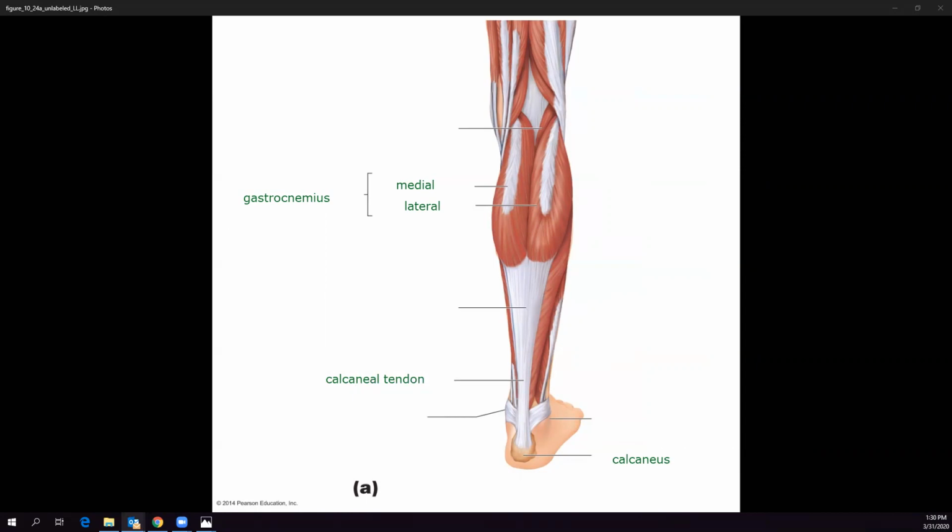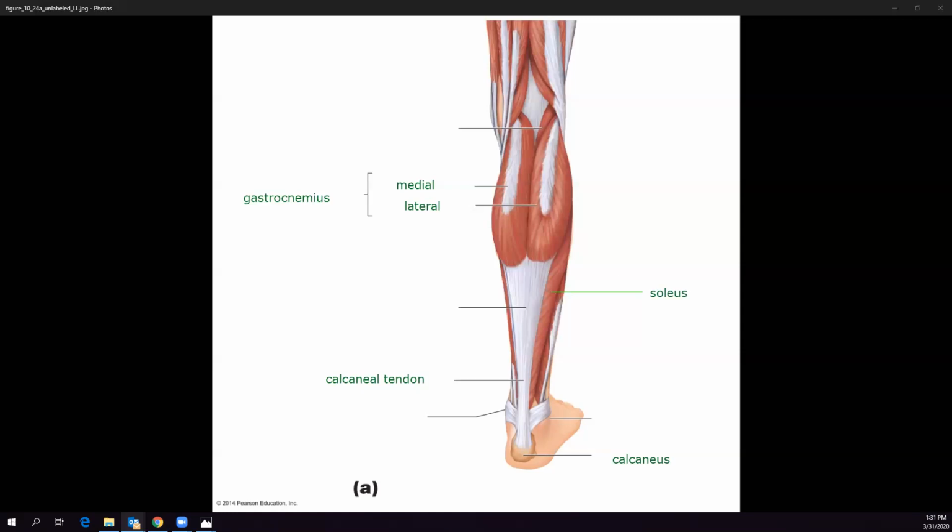They didn't put a leader line, so I'm going to put in a leader line. This one right here, that's also connected to the calcaneal tendon, is the soleus. And I know why they did that, because there's soleus in a different view. We're going to cut away the gastrocnemius so that you can see the soleus underneath, but you need to be able to know where it is.